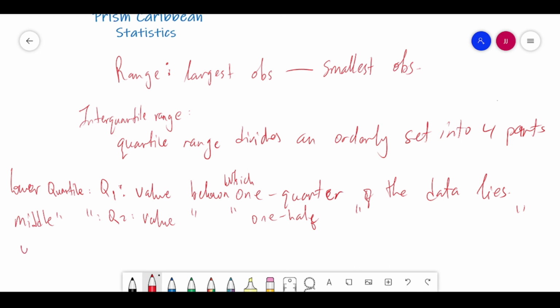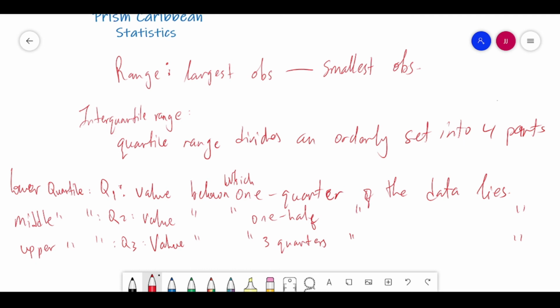And the upper quartile, which in this case is Q3 of course, is the value below which 3/4 of the data lies, right?